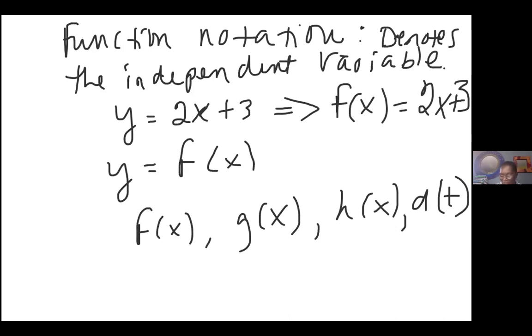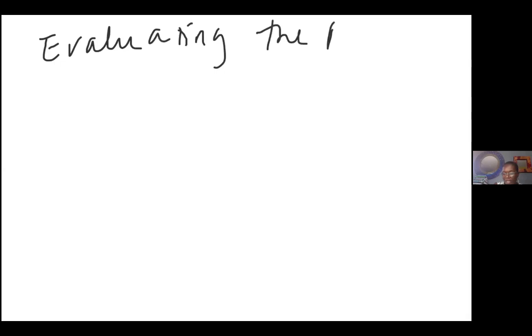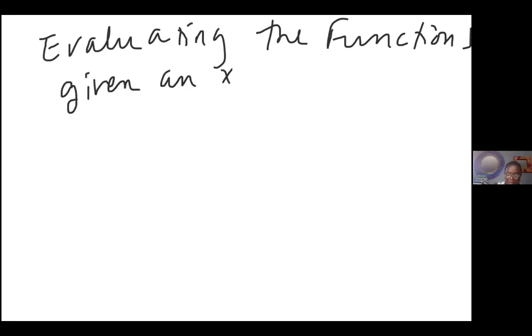So guys, here comes the next part, evaluating the functions. When it comes to evaluating the functions, this is what you're doing, and you will see multiple problems about evaluating functions on the test. So you are given an x value, which we refer to as the input. Let me use a different color here.